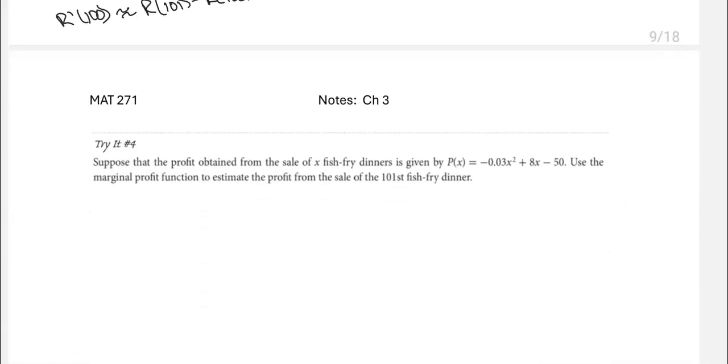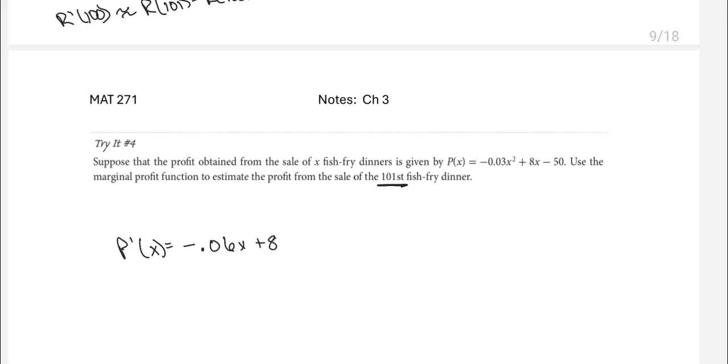So we can use that same theory to look at this one. We have a profit function here. It's the profit from selling x number of fish fry dinners. We want to find the marginal profit function to estimate the profit from selling the 101st. So we need to find the marginal profit equation. I'm going to bring the exponent down and subtract 1 from the exponent. I'm going to go ahead and just do that.